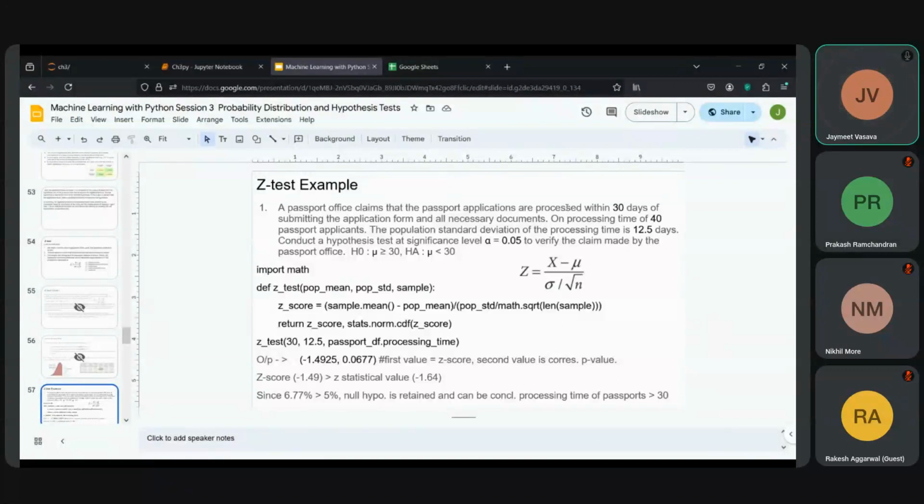So there is not enough evidence to reject the null hypothesis. So we retain the null hypothesis.